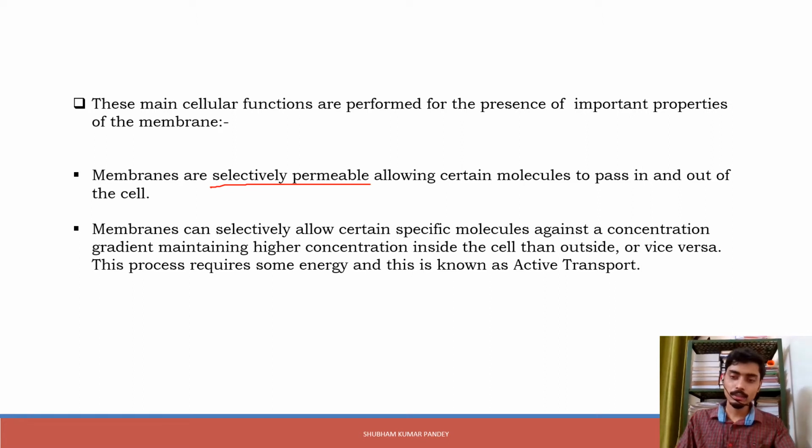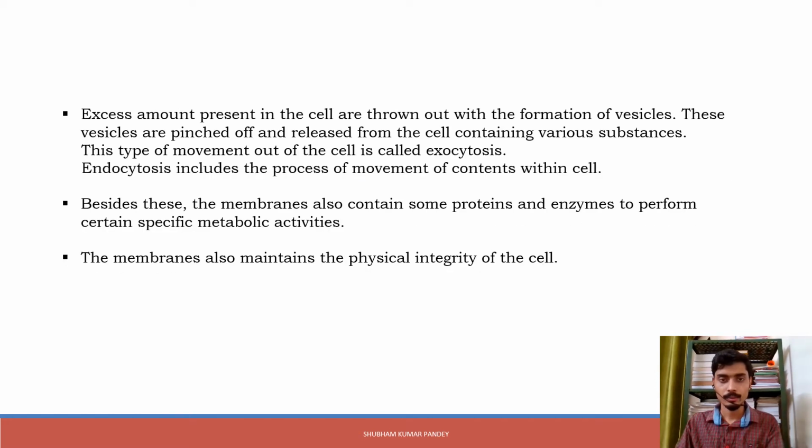Some transport processes require energy in the form of ATP, which is called active transport, in which there is active involvement of adenosine triphosphate. Some processes may not require energy, which is called passive transport. For example, diffusion is an example of passive transport. In active transport there may be involvement of receptors and so on, so it requires energy.